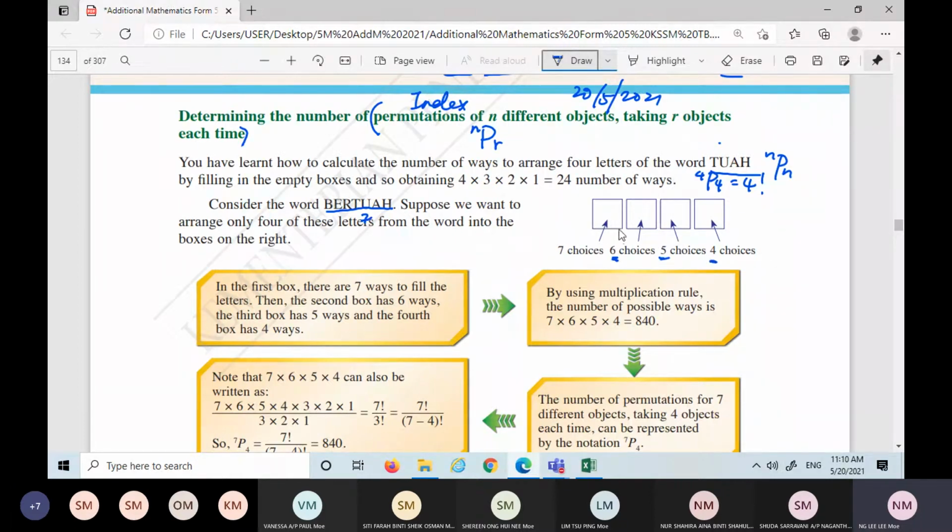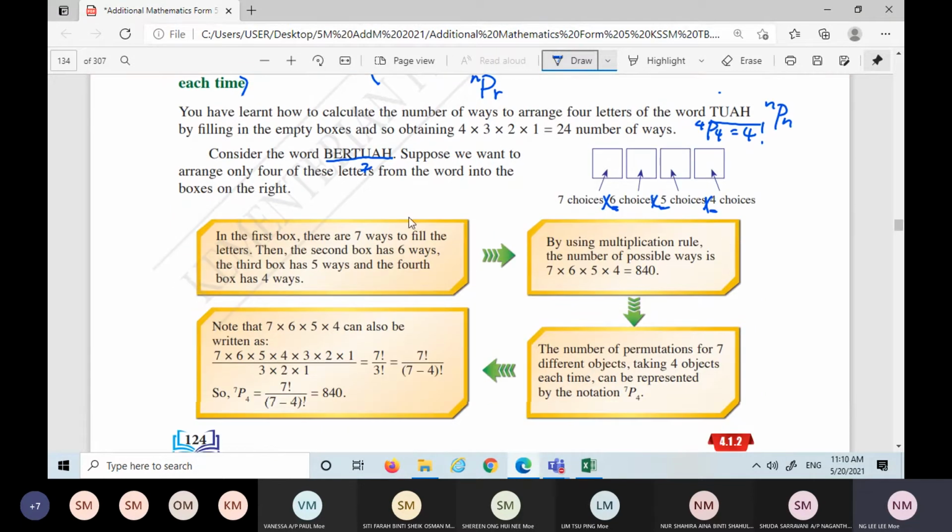By multiplication rules, your answer will be 7 times 6 times 5 times 4. We go one by one. The first box has 7 ways to fill out the letter, the second box has 6 ways, the third box has 5 ways, and the fourth box has 4 ways. By using multiplication rules, the number of possible ways is 7 times 6 times 5 times 4, which is 840.